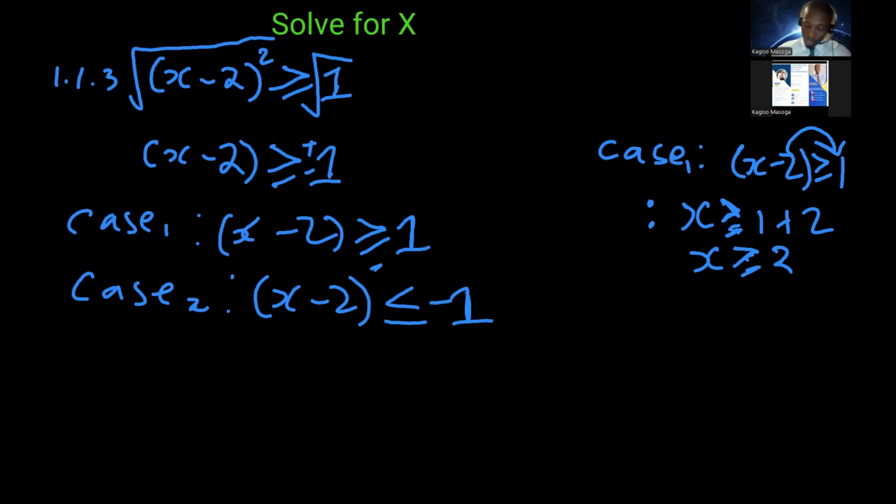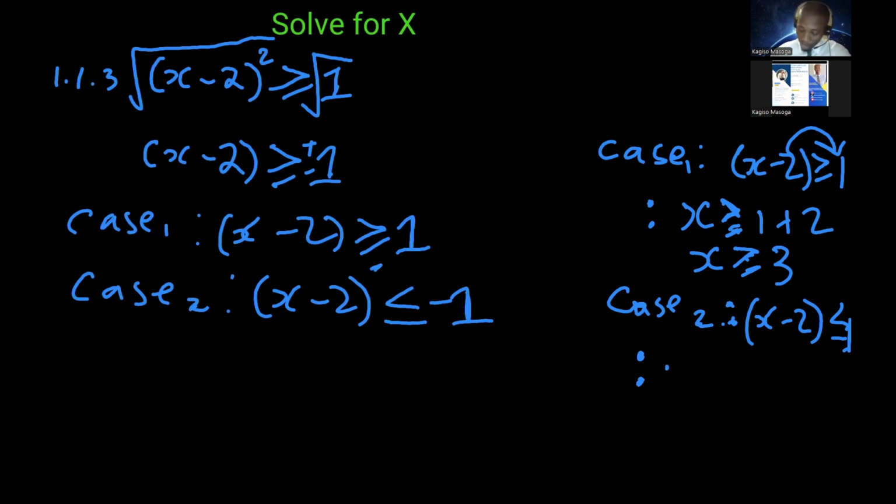All right. So case 2 is x minus 2 less than or equal to negative 1. Now we have to add 2 on both sides, or just transpose the 2 to the other side.